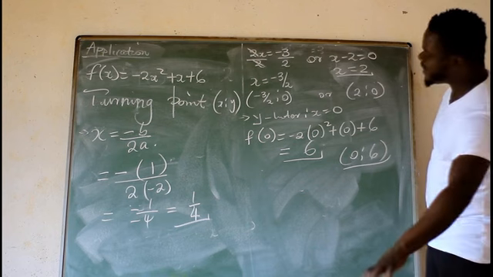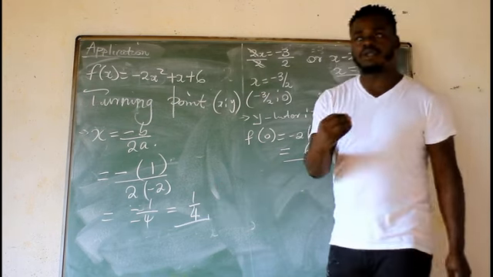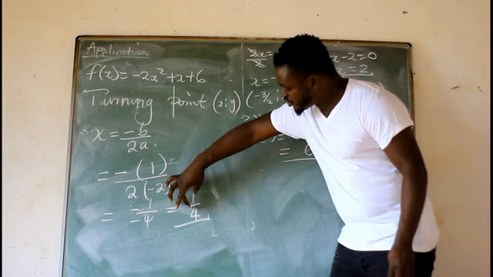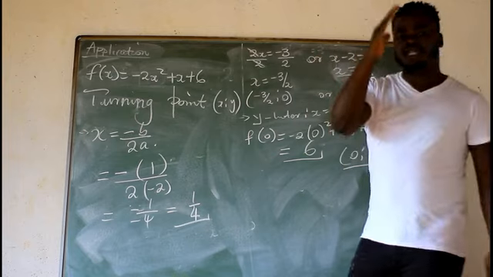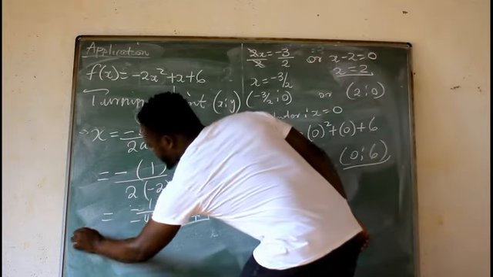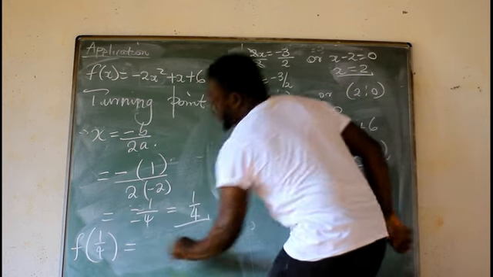Okay, let us find the y value. How do we find the y value? If you can recall, I told you that you are going to substitute this value of x into the original graph in order to find the y value. Now, you are going to substitute 1 over 4 into the original graph.